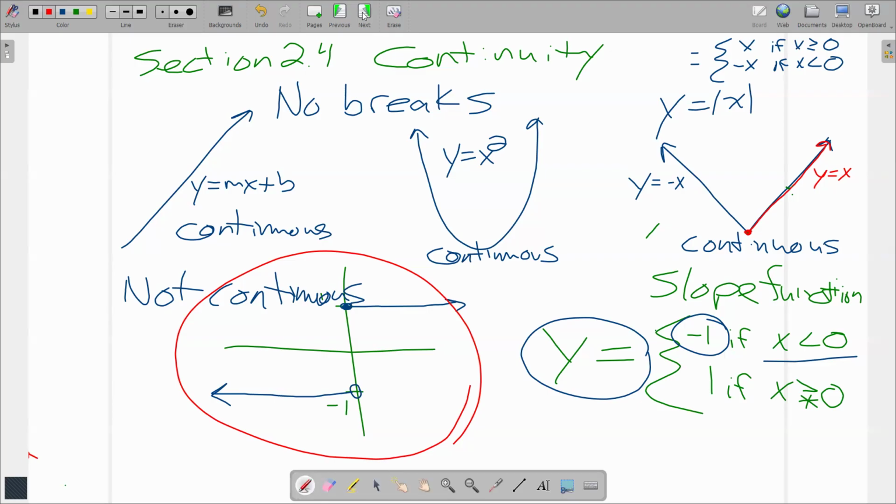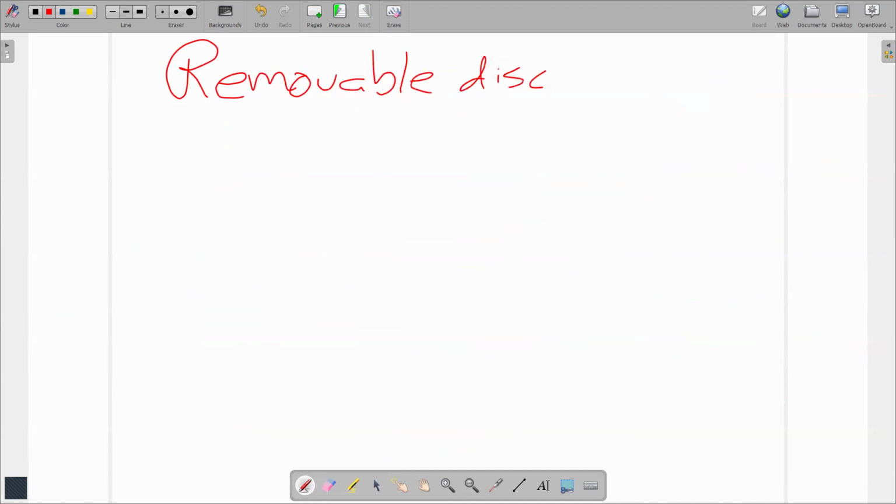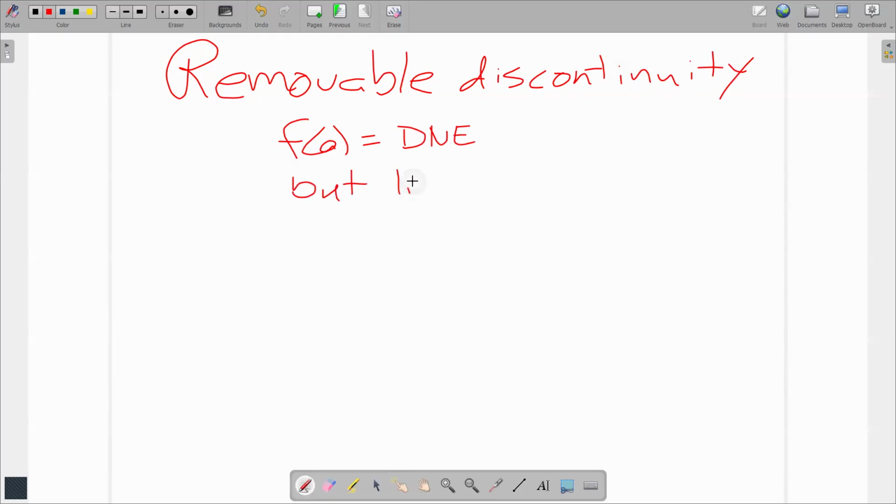So the removable discontinuity, I'm just going to put that on another page. We have a situation like this: f of a does not exist, but the limit as x approaches a of this function does exist.